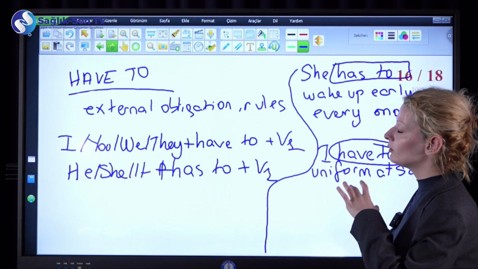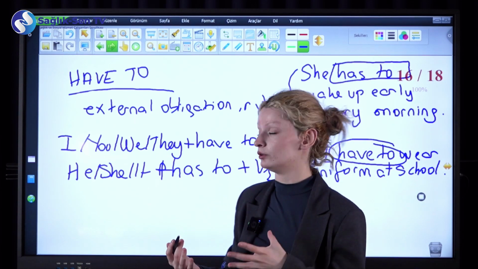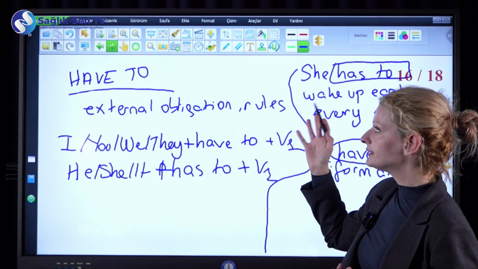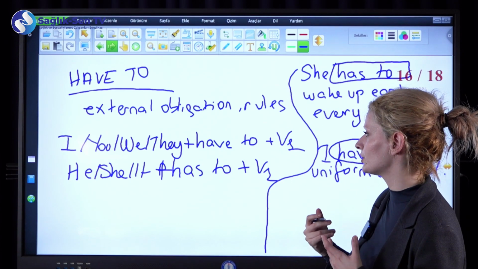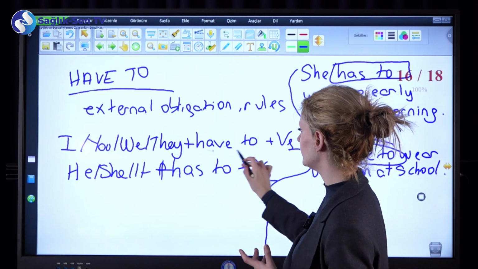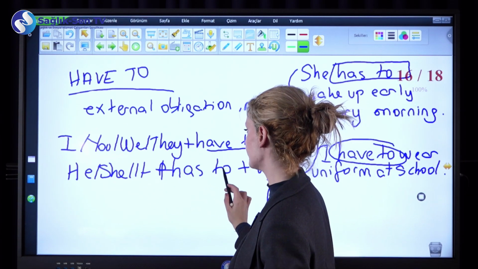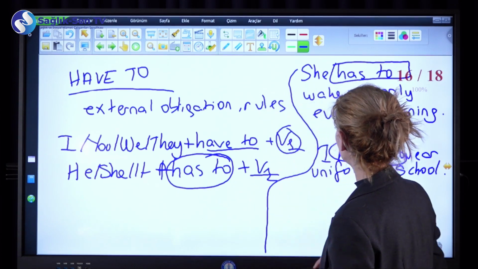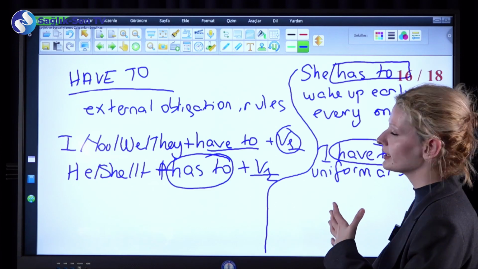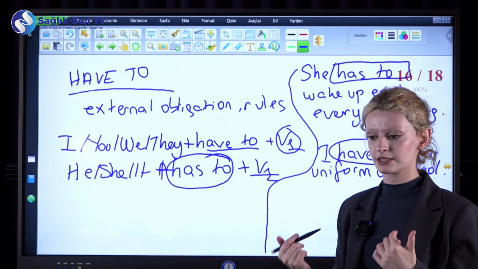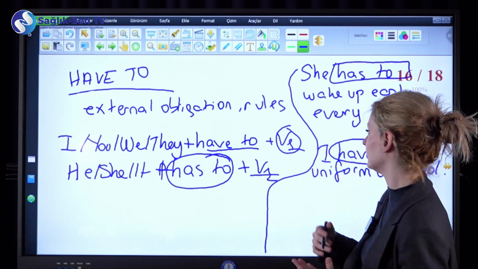Then we talked about have to, which is external obligation or rules. But it differs from others when it comes to the grammatical or sentence structure. With I, you, we, they, we use have to, verb 1. With he, she, it subjects, we use has to, verb 1. She has to wake up early every morning. This is not something she decided for herself, but it comes from outside.